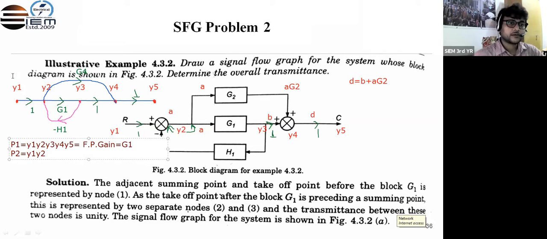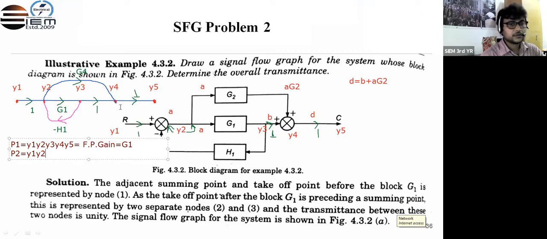Then from y1 to y2, y2 to y4, then y5. So it is g2 into 1.